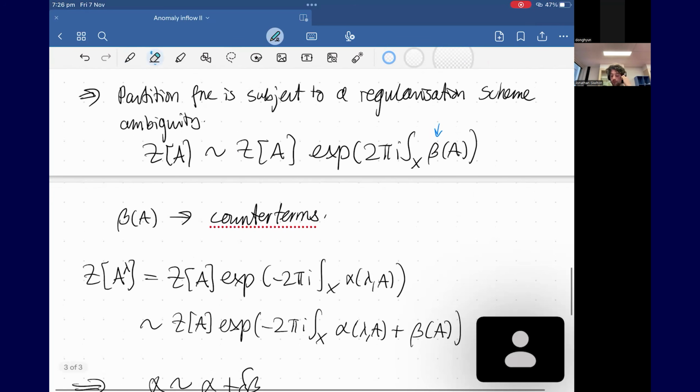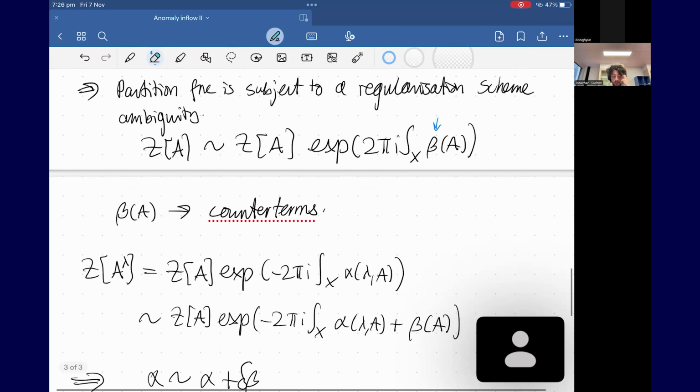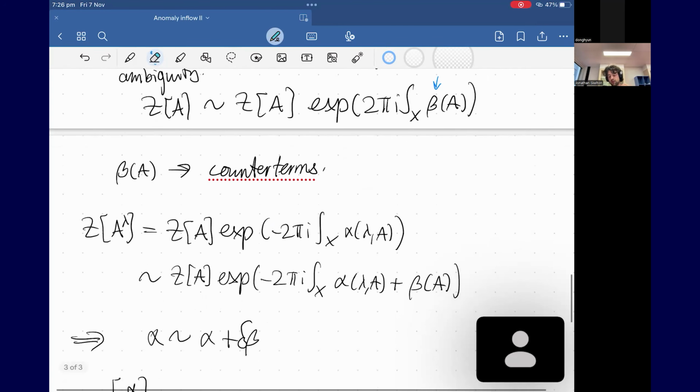So when you perform the transformation, your path integral transforms to pick up this alpha term. But then beta should transform as well, so it picks up some variation of beta.